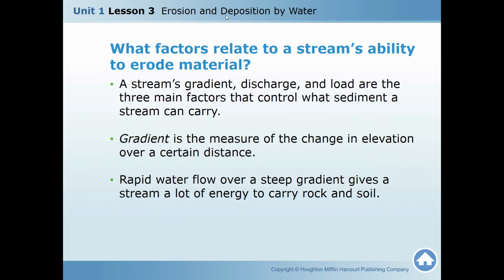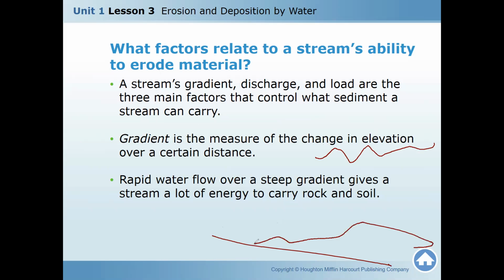That's not that easy. Listen to it again. Gradient is the measure of the change in elevation. You know that even the surface of the water, the ground, is not exactly straight because of the pressure of water. It's somewhere high, somewhere down.